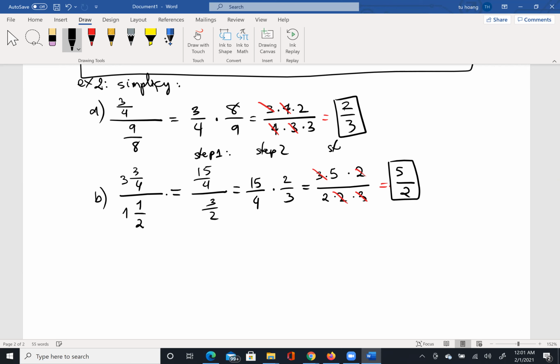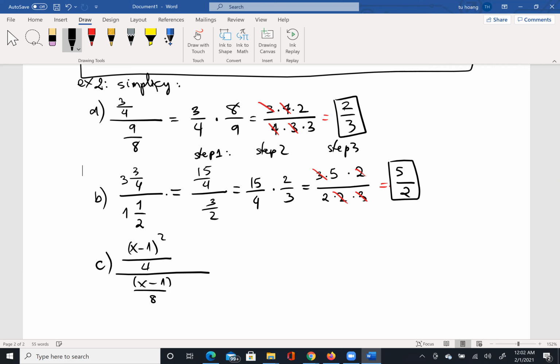This is step 3, right? Okay. Let's do the last one. C. I have x minus 1 squared divided by 4, everything divided by x minus 1 over 8.